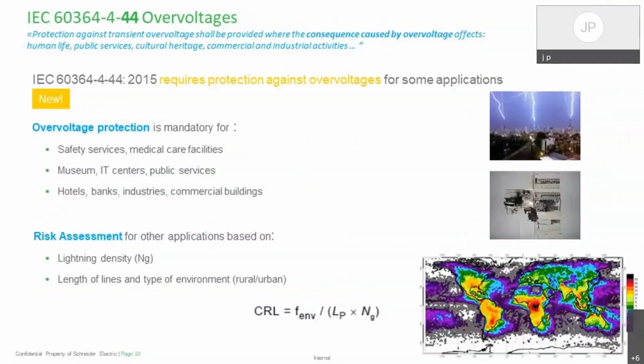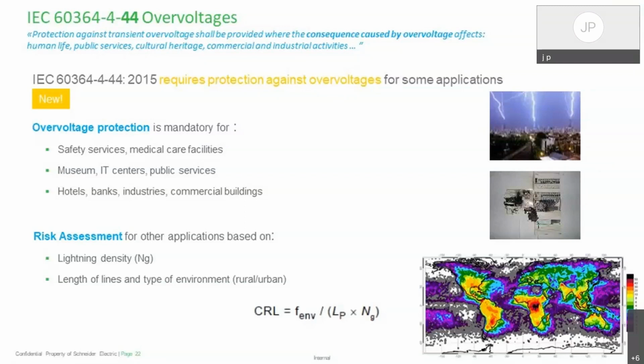Regarding part 44, overvoltage, we updated this chapter in 2015, and now the protection against overvoltage is mandatory for some applications like safety services, museums, hotels, banks, and risk assessments have to be done for some installations, many dwelling installations.